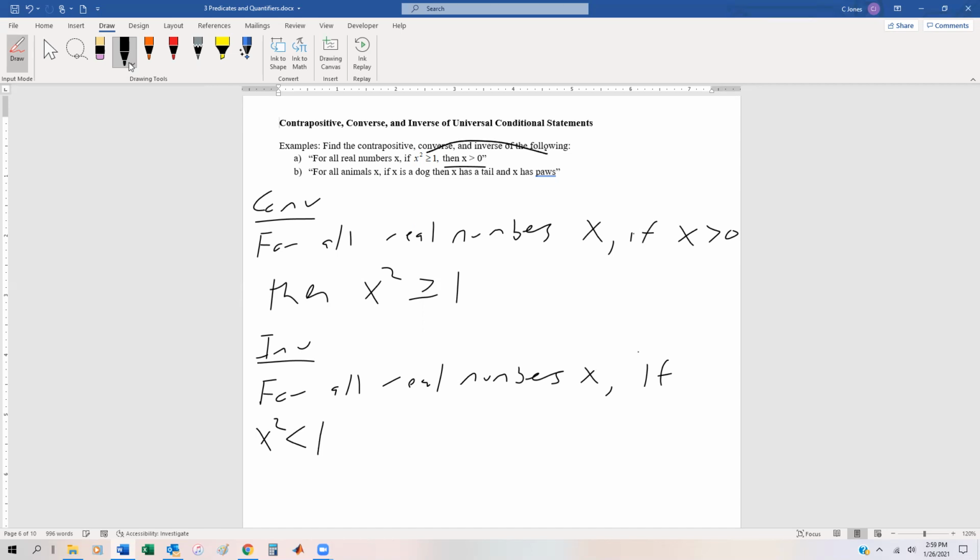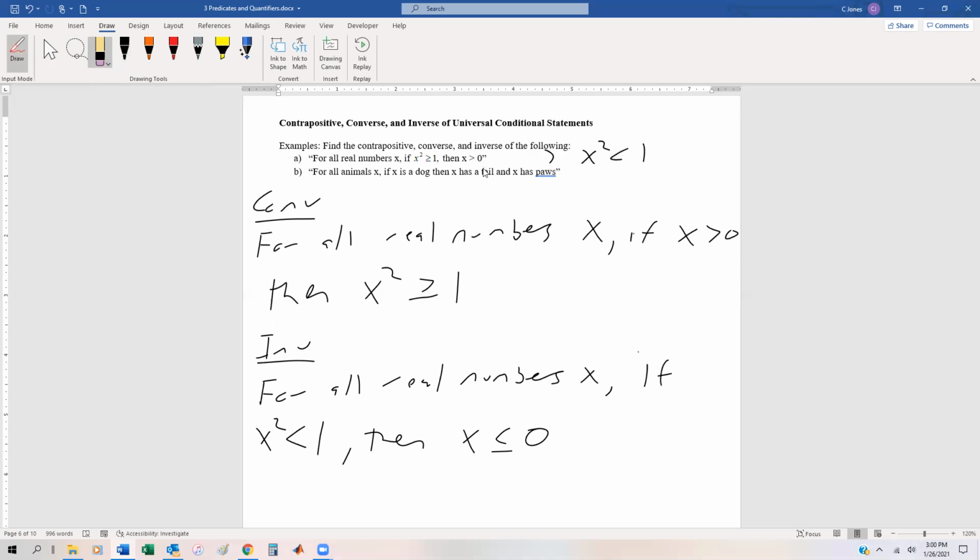When we negate, it's going to be x squared less than 1, not less than or equal to. So be careful with your inverse. If it's not inclusive, you make it inclusive. If it is inclusive, you make it exclusive, and then you flip whatever the inequality symbol is.